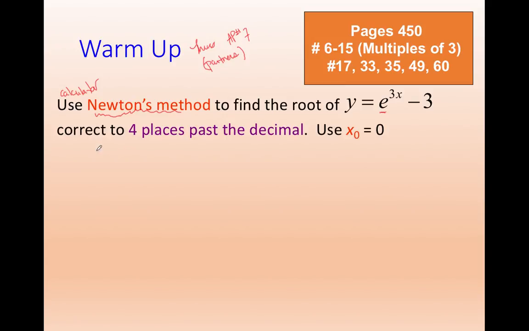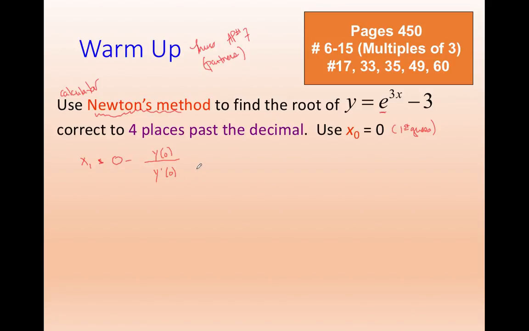So to do that, they're giving you the first guess of 0. So set up Newton's method by saying that x sub 1 is going to be equal to x sub 0 minus the ratio of y at 0 over y prime at 0.